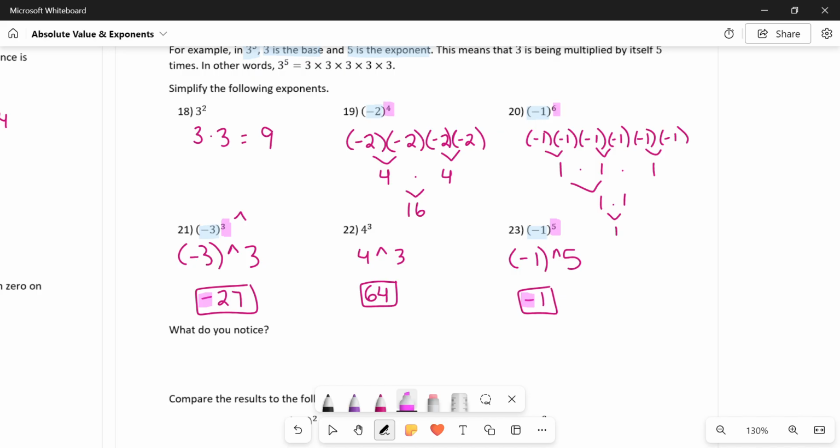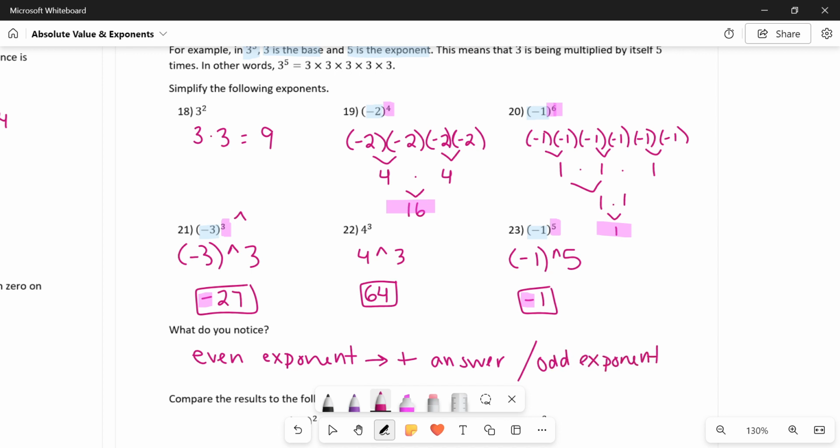When the exponent is an even number, the result is positive. So, even exponent, positive answer. Similarly, odd exponent means a negative answer.